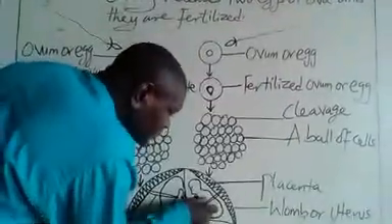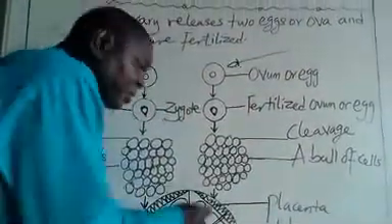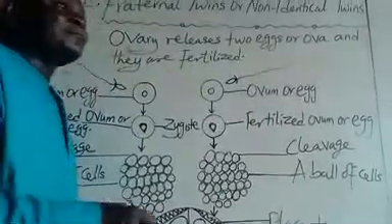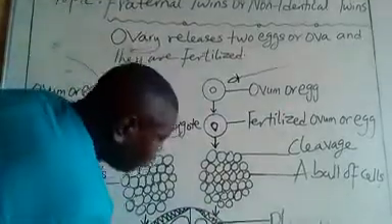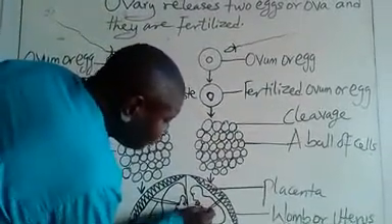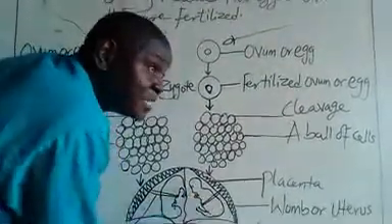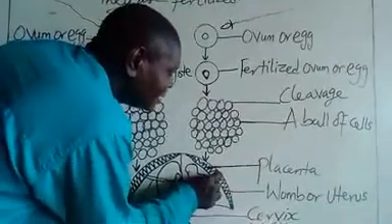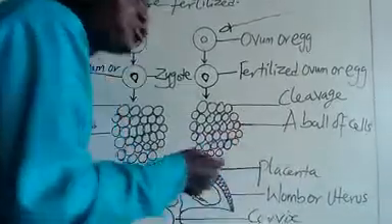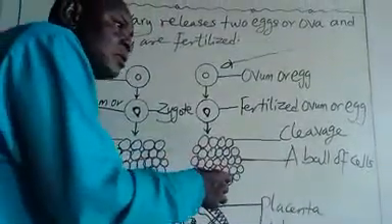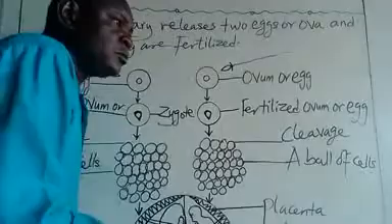The waste products from the baby, from the fetus, waste products like urea, waste products like carbon dioxide, will move from the fetal blood down to the placenta. And the placenta has a connection with the mother's blood.